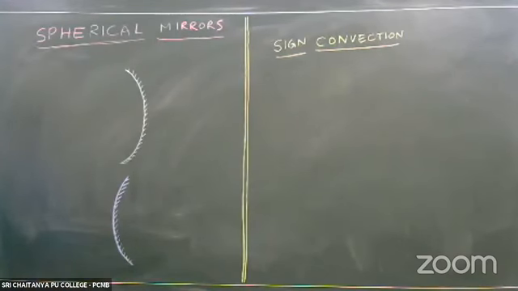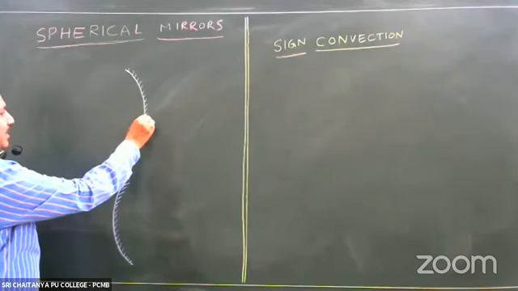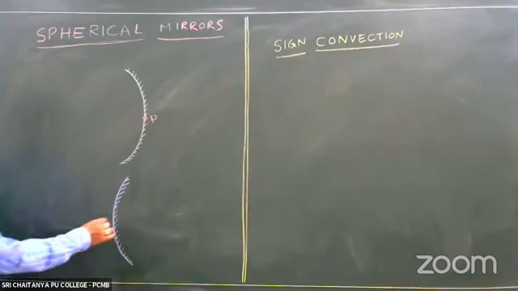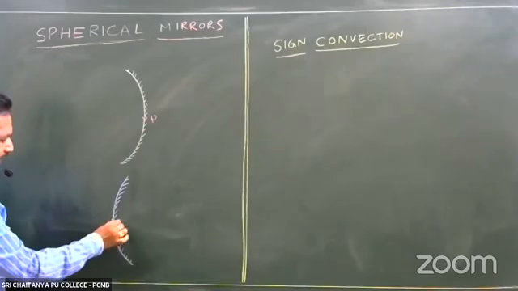What is pole of the mirror? Pole of the mirror is nothing but the geometrical center of the mirror. P represents the pole of the mirror.